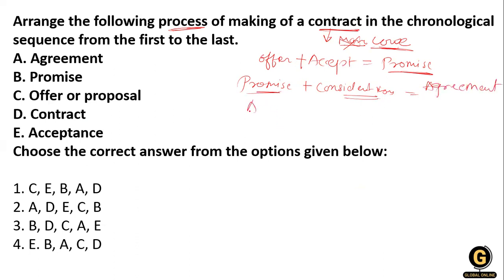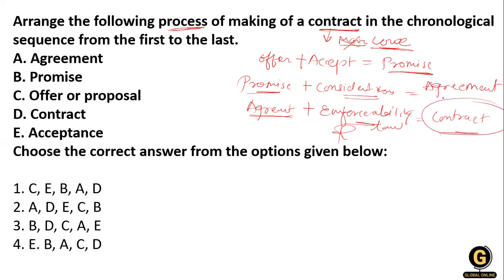When an agreement has enforceability by law, it is a contract. The enforceability means marriage registration. In that case it comes into a contract, that they are husband and wife.